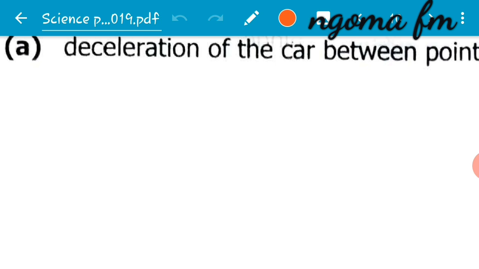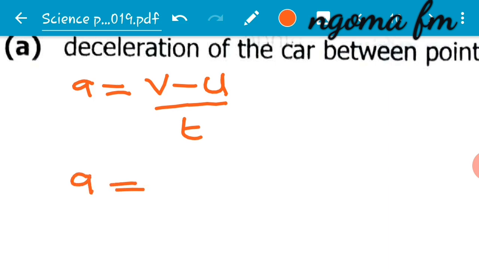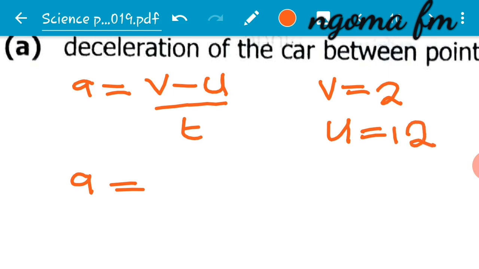We know that acceleration is equal to v minus u over t, right? Therefore, if we substitute, a is equal to v, what was the final velocity? The final velocity, we had v is equal to 2 and u is equal to 12 from the graph.